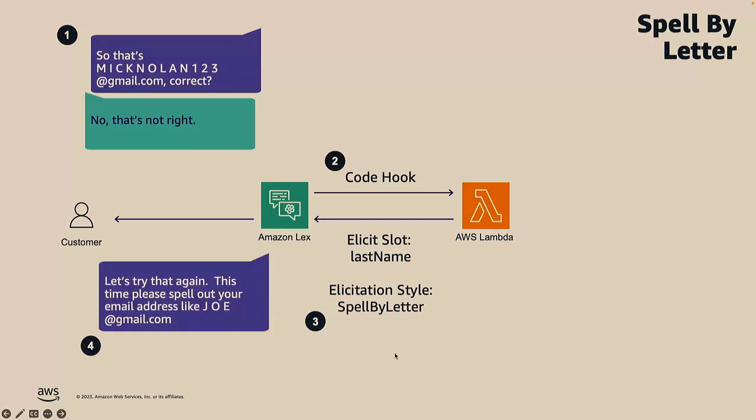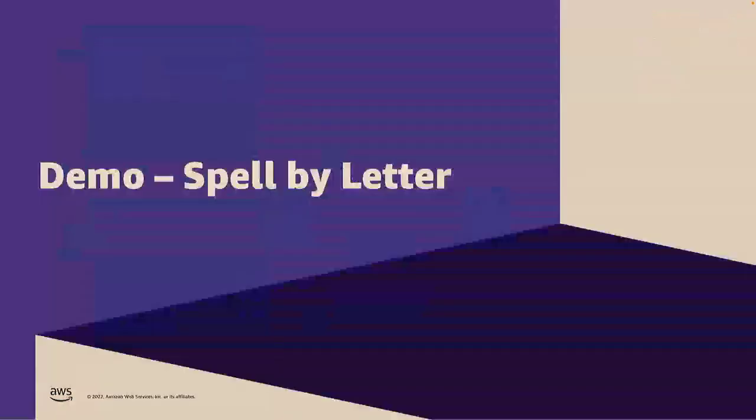And then finally, we respond to the customer and change the prompt to say, let's try that again. This time, please spell out your email address like JOE@gmail.com. So then hopefully the second time around, the customer can spell out their email address and we can capture that slot.